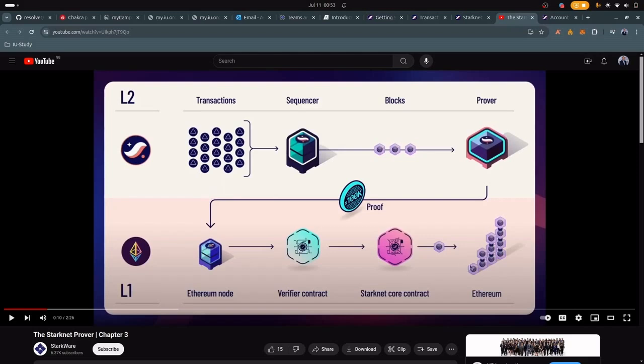It becomes part of the Ethereum blockchain, and we call this finality. That means the transaction has been finalized. And on Starknet, I think it takes 6 to 12 hours to get the transaction finalized.